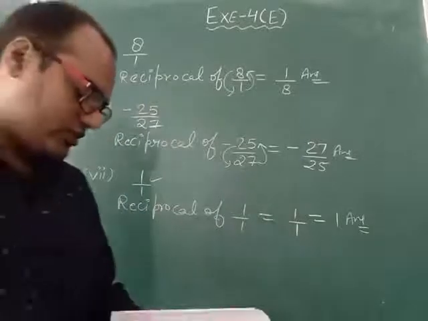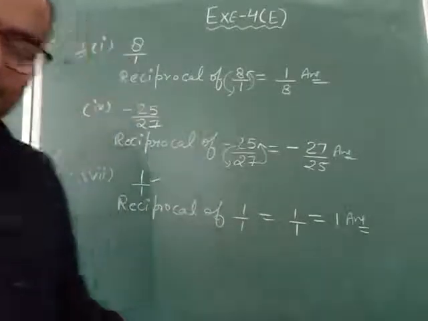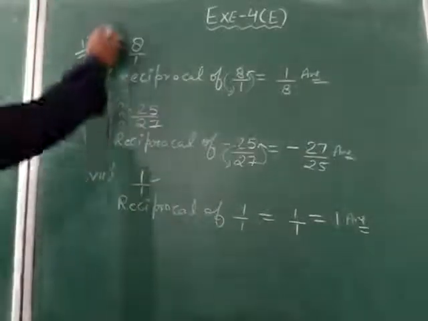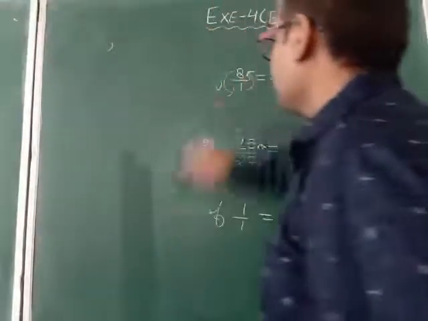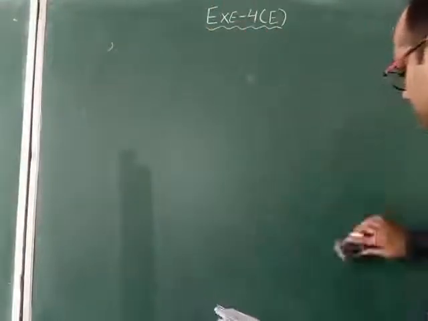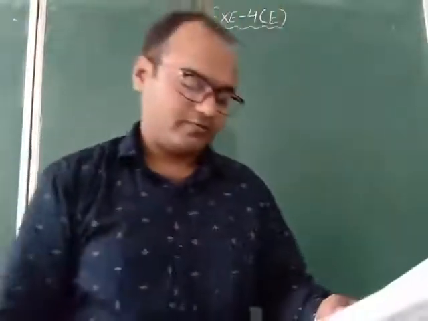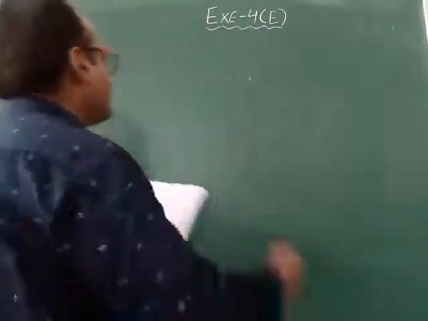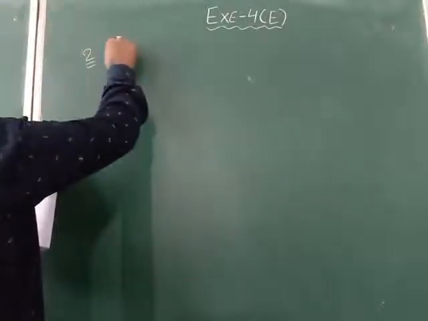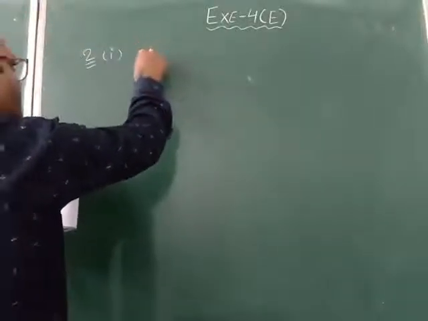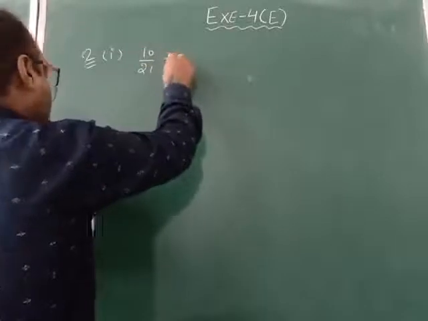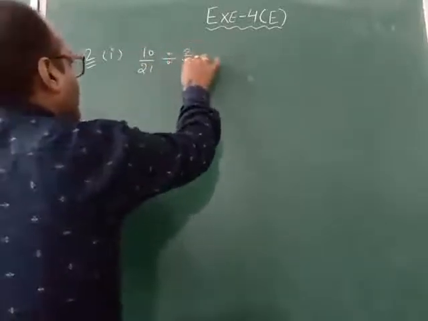Now see another question. Question number 2nd. Second question. Find the value. We have to find the value. Second question, first part. 10 upon 21 divided by 2 upon 3.